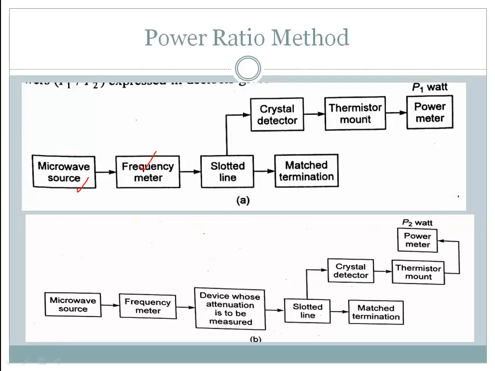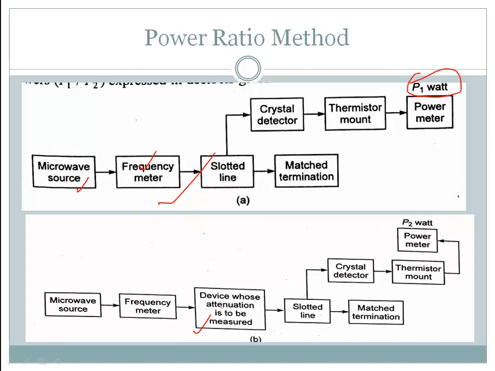Now, the slotted line's power is calculated by the power meter with the help of crystal detector and thermistor. So in this particular bench setup we have no network or device whose attenuation is to be measured. So this is your reference case. In this case, suppose we are receiving a power P1. Now we will insert a device or network whose attenuation is to be measured in between the frequency meter and slotted line, like this.